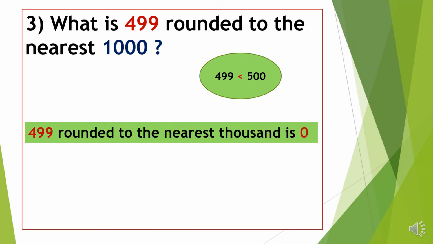All of you read question 3. What is 499 rounded to the nearest 1000? So we have already learned the rules how to round a number to its nearest 10, nearest 100 and nearest 1000. So what is the rule we want to follow when we are rounding a number to its nearest 1000? We want to check the last 3 digits.